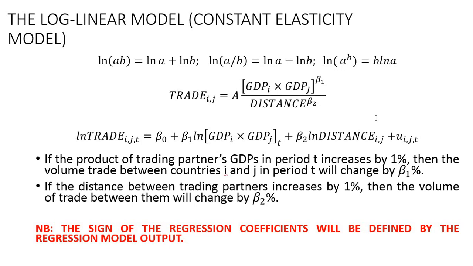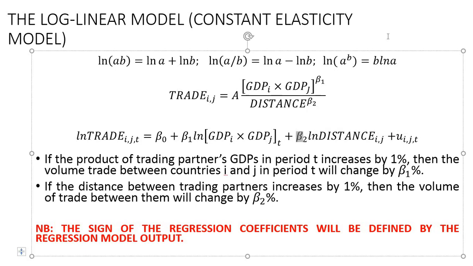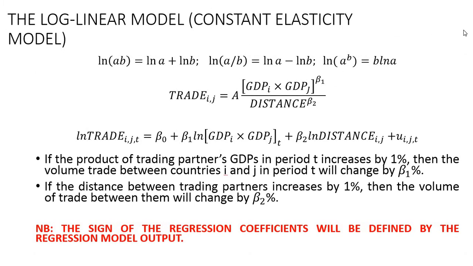So what I mean is that if your model is specified correctly, you should get a negative coefficient of distance. Because a positive coefficient of distance would imply that geographical distance between two countries affects the volume of trade between them positively. So this is ridiculous.